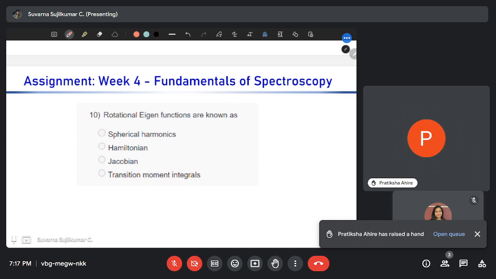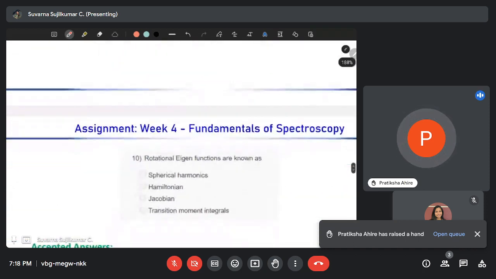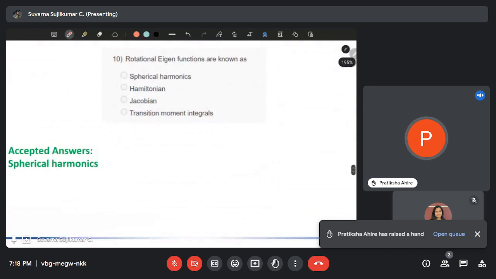Any thoughts? First one, ma'am. Yes, correct. Spherical harmonics.